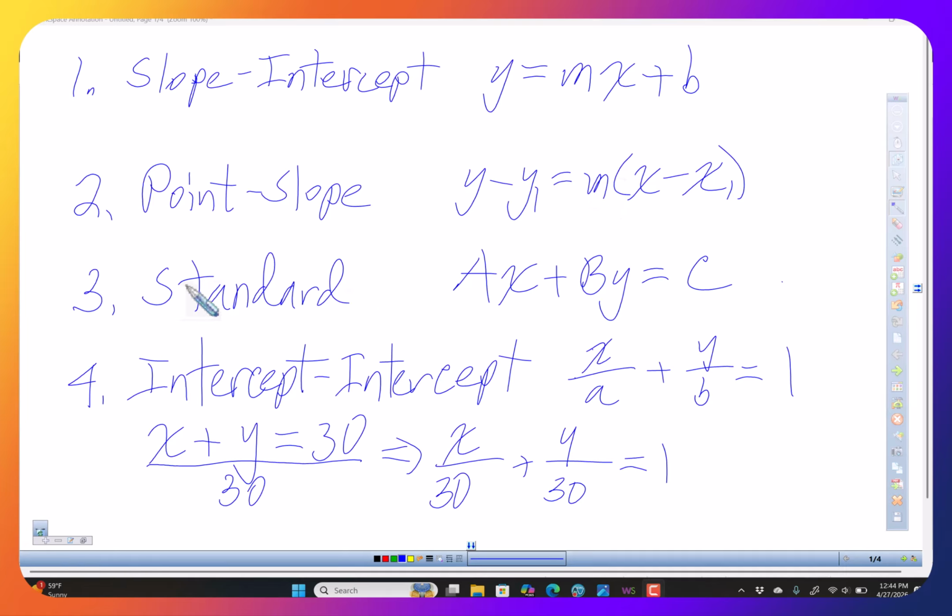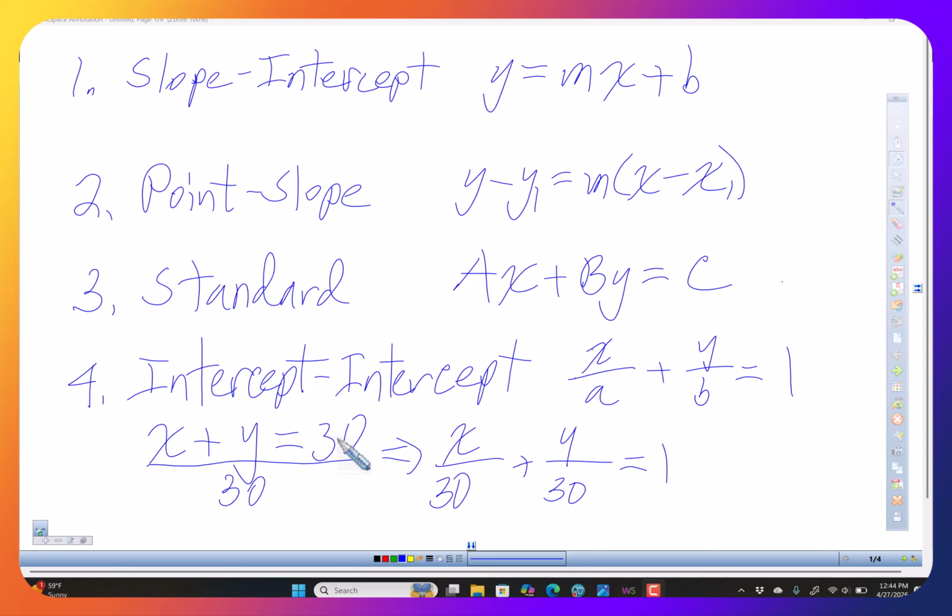The third form is the standard form: a times x plus b times y equals c, which is a constant. Then the one you've probably never heard of before is intercept-intercept form. That's x divided by the x-intercept plus y divided by the y-intercept equals 1, always.